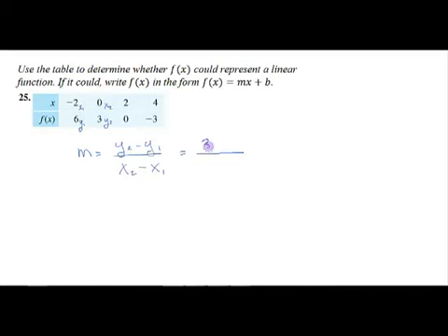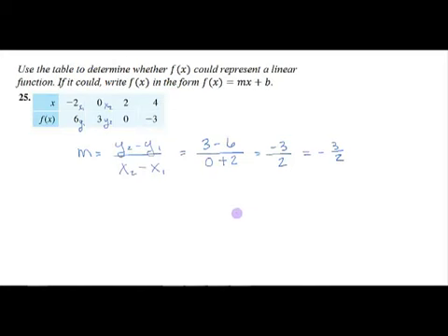Y sub 2 is 3 minus y sub 1 is 6 all over x sub 2 is 0 minus x sub 1 is a -2, so it makes this a plus 2. Now when I simplify, I get a -3 on top and a 2 on the bottom, so my slope is -3/2.